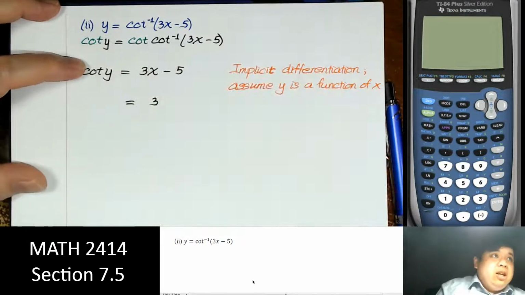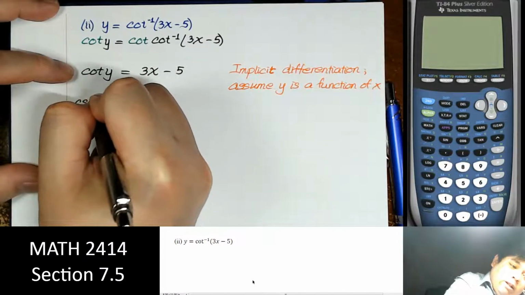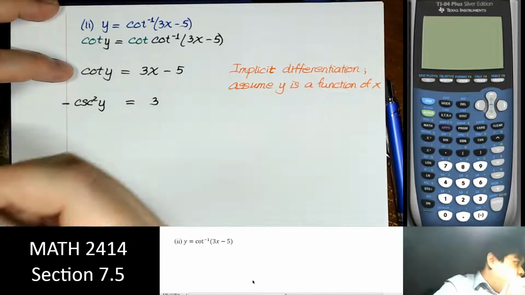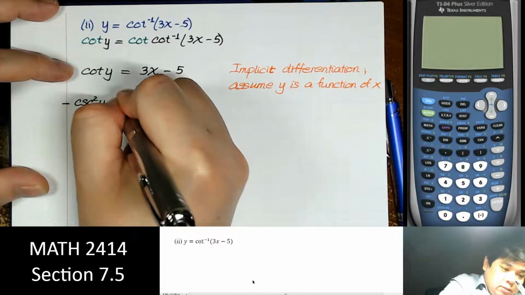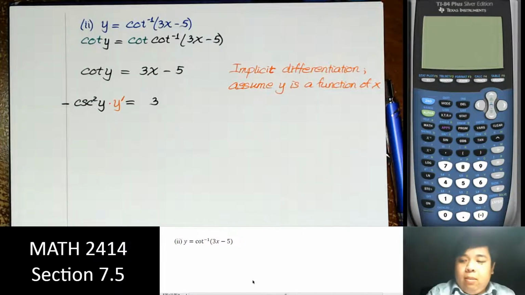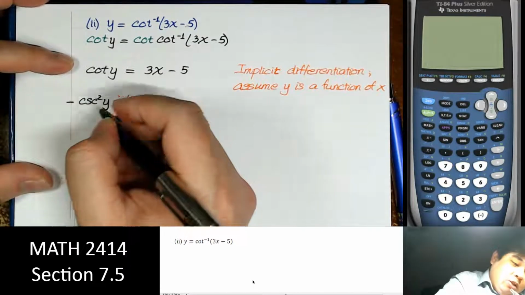The derivative of cotangent is negative cosecant squared, and implicit differentiation says multiplied by y prime. And then we just divide by negative cosecant squared.